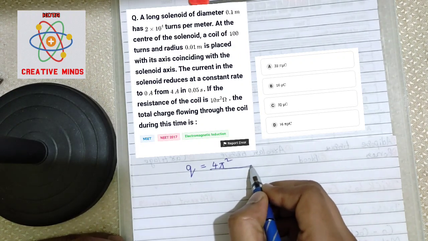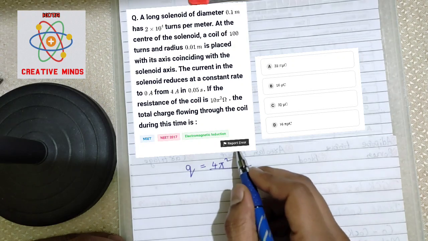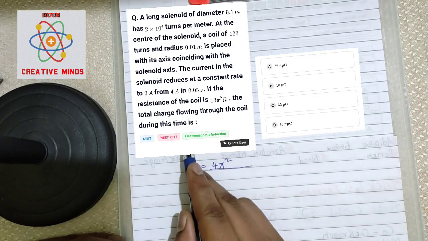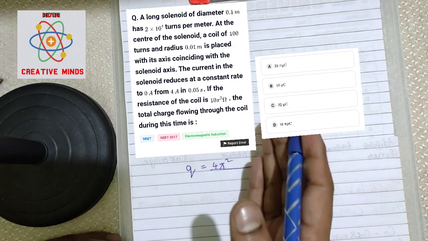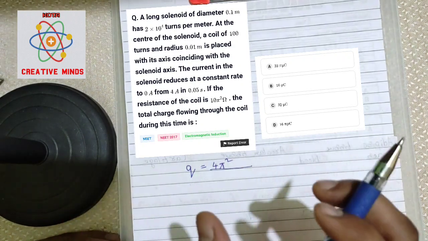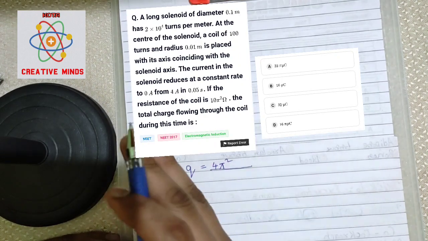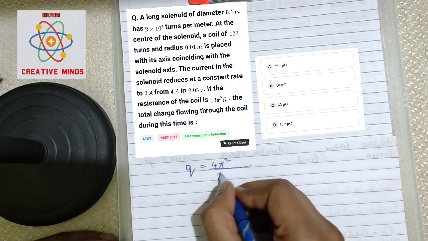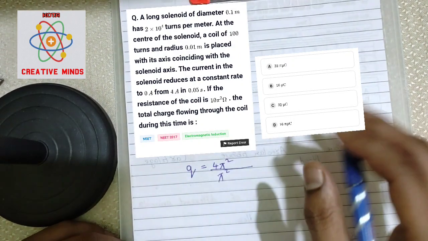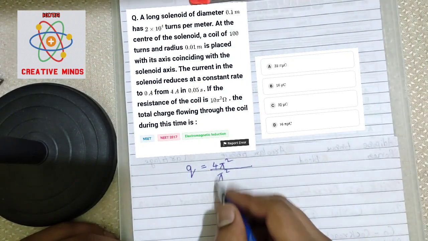See, in the resistance they have given 10 pi square ohm. Leaving the number, whatever be the number, leave that and write the remaining one, pi square. So write that pi square here. If we don't have any unit, then write 1.